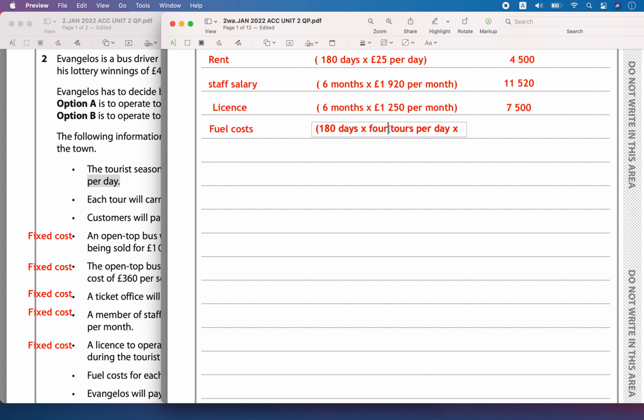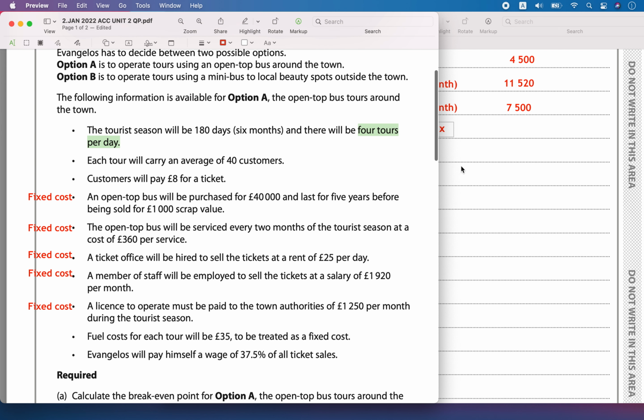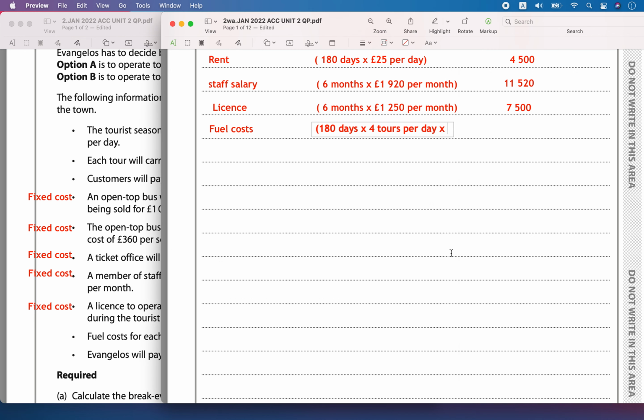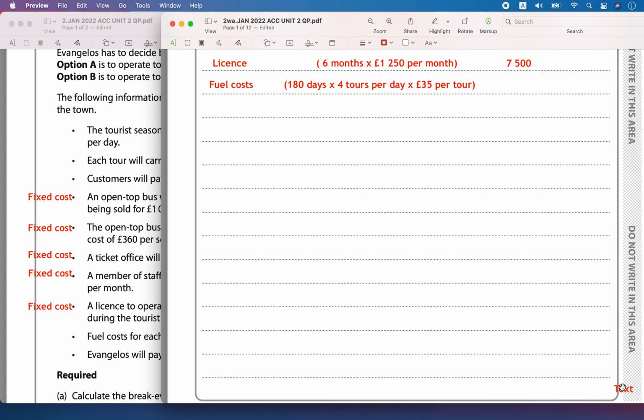So 4 tours per day into 180 days will be the total number of tours, and they will charge 35 pounds per tour. So that is going to be equal to 25,200.